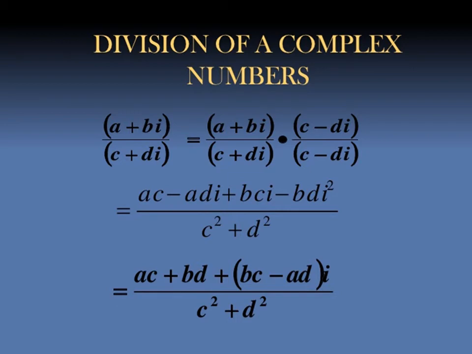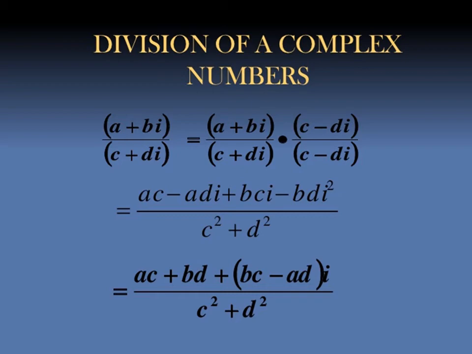In the numerator, a plus bi is one complex number, and in the denominator there is another complex number, c plus di, and we take the conjugate of the complex number in the denominator.